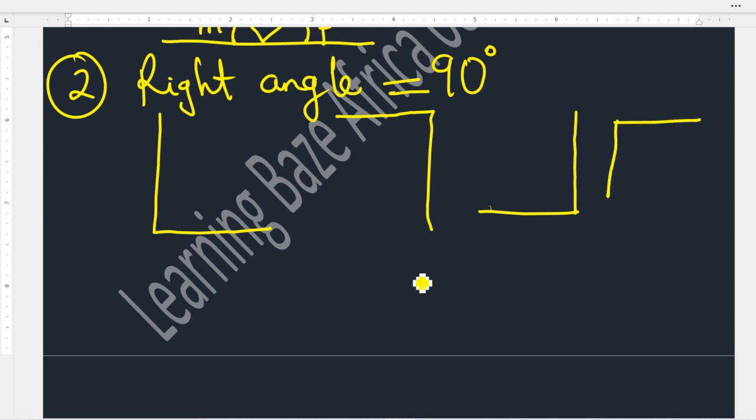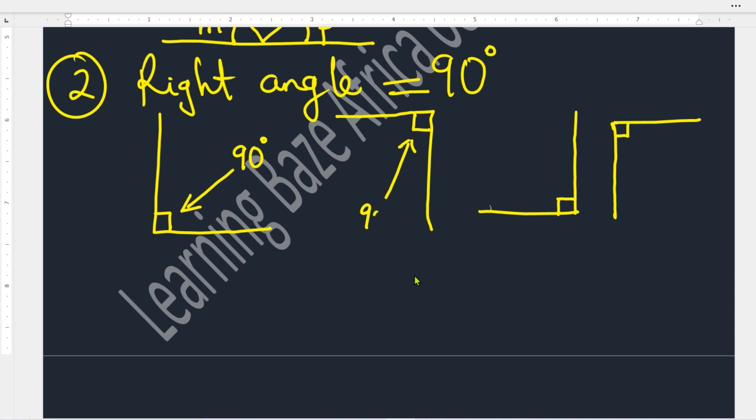So pay attention to how you can identify a right angle. At the corner where the horizontal and the vertical line meet, you will always see this sign. Anytime you see this sign at the corner, it means that that angle is equal to 90 degrees. Look at where my arrow is pointing to.